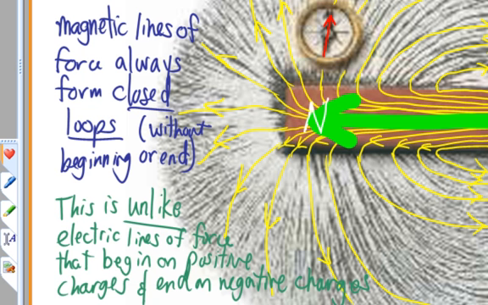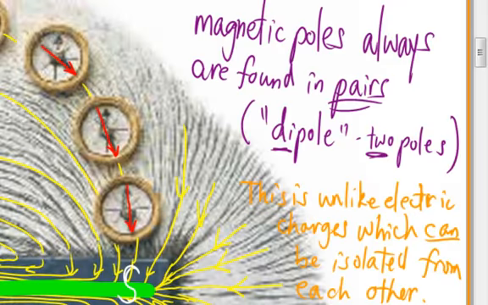It always comes with the other type of pole somewhere nearby. It is possible to separate a positive charge from a negative charge. So I could hold a proton in one hand and an electron in the other hand and separate them as far from each other as I want to. That is not possible with magnetic poles.